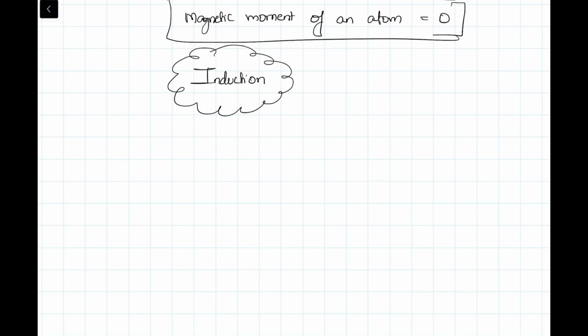So in the presence of an external magnetic field, the diamagnetic material is induced with magnetism from the external field. When induction occurs, there will be an induced current in the diamagnetic material.